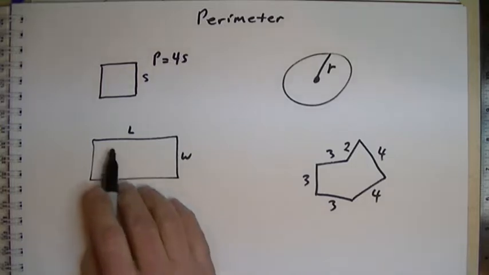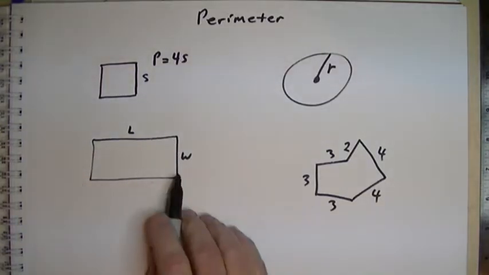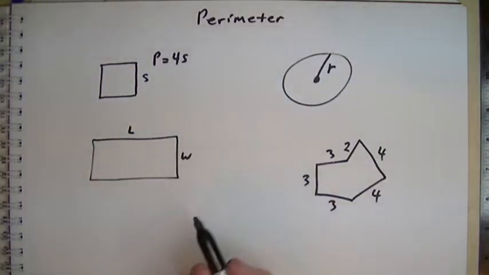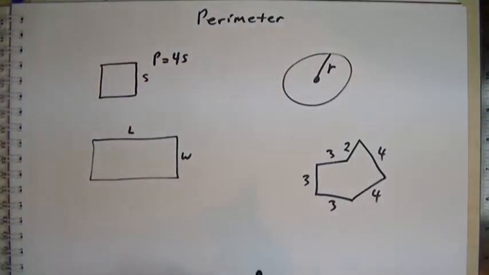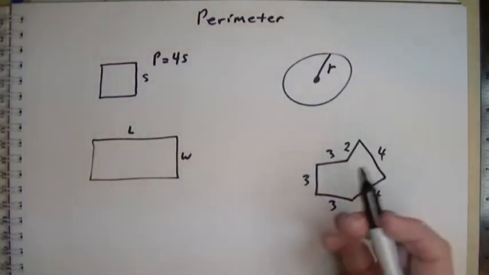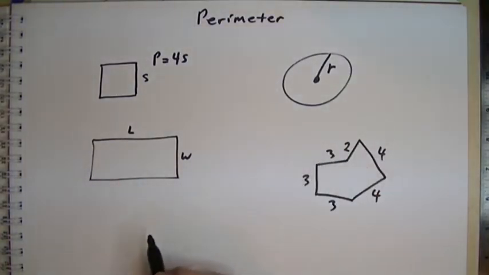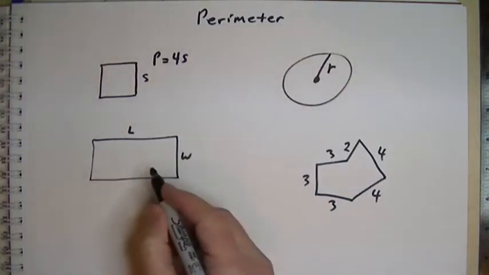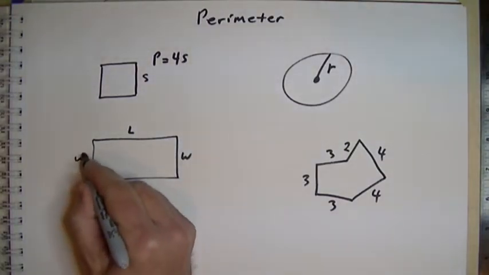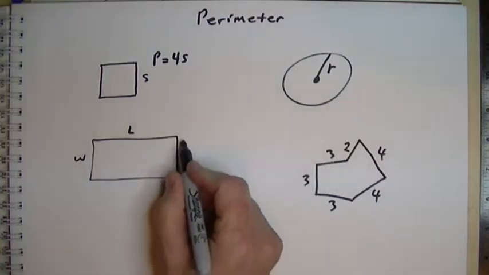Okay, let's talk about the perimeter of this rectangle. Now here, the width and the length can be different dimensions. In the case of a square, the length and the width are just the same. But in a rectangle, they can be anything you want, even the same. So what we have is a width here and another width over here. You actually have 2 of these W's.